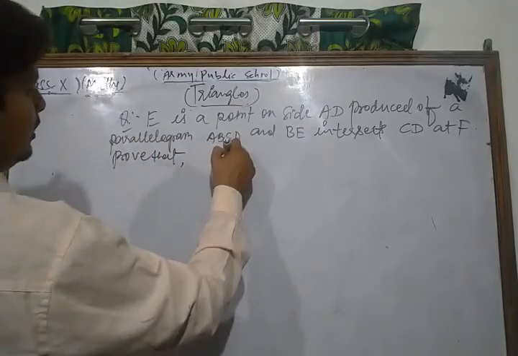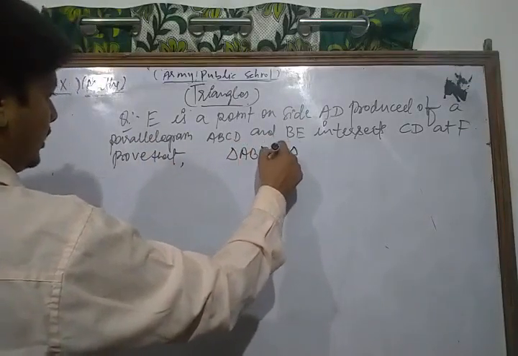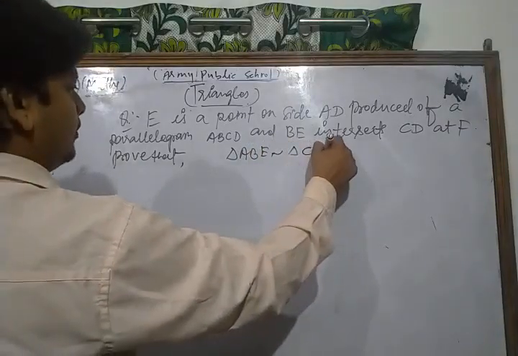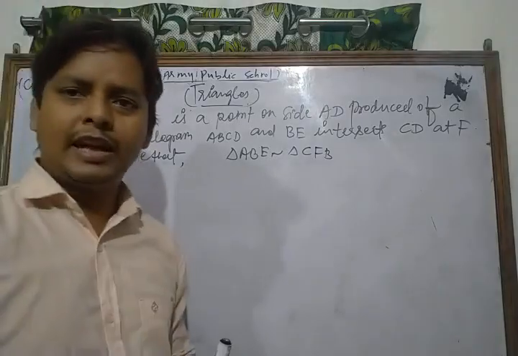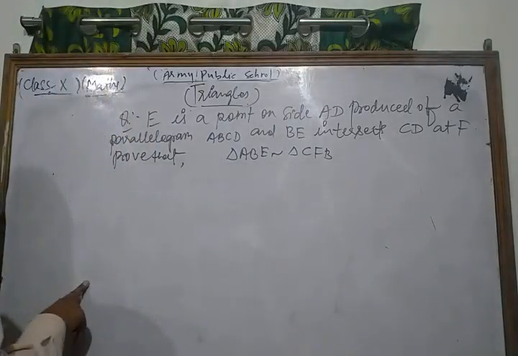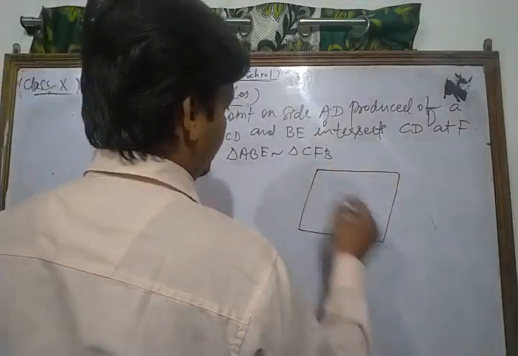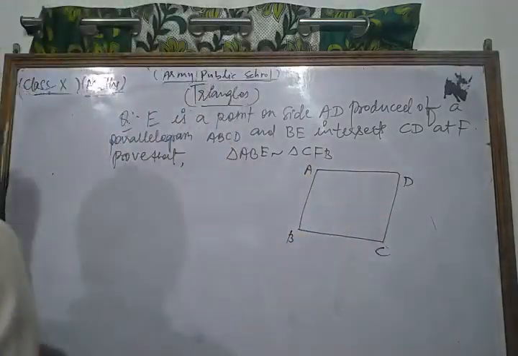triangle ABE is similar to triangle CFB. This is the question, and your figure is: E is the point on AD, ABCD is a parallelogram.